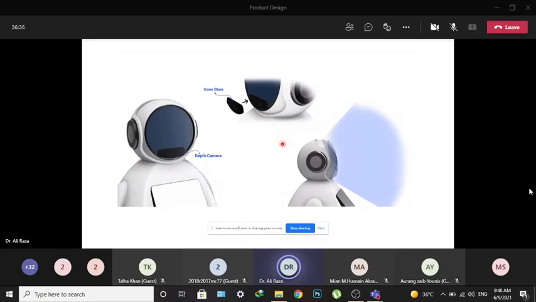And either we can have a lidar placed, where you have a laser-based sensor which maps the environment around the robot. Or recently there are quite a few cameras, like Intel RealSense cameras, which are quite popular nowadays.